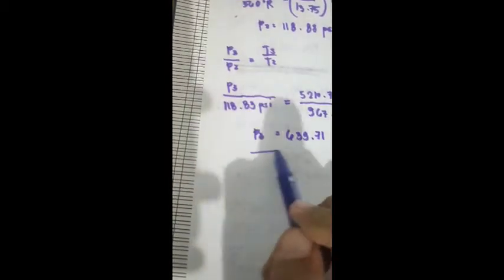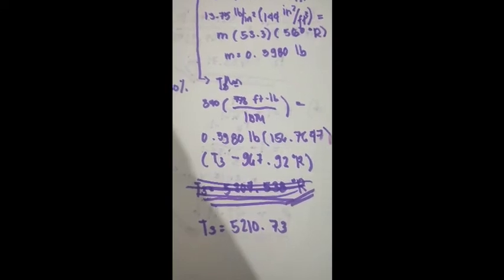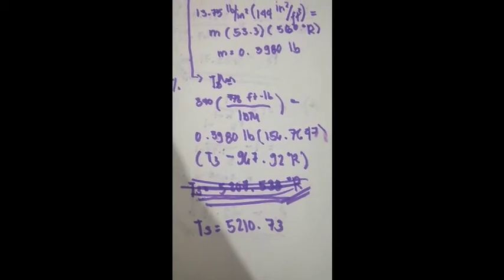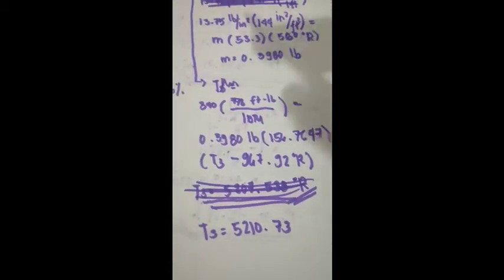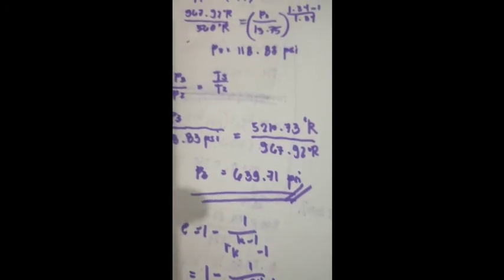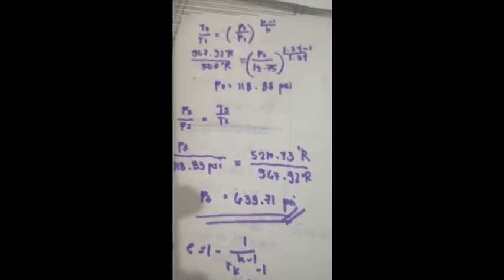So P3 is equal to 639.71 psi. So you have found the temperature 3 and the pressure 3 before the expansion: the temperature is 5,210 degrees Rankine, and the pressure 3 just before the expansion is 639.71 psi.